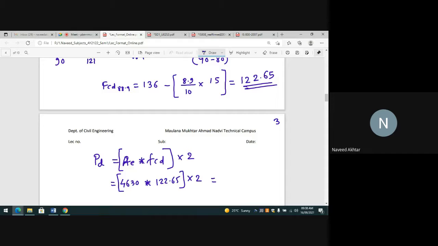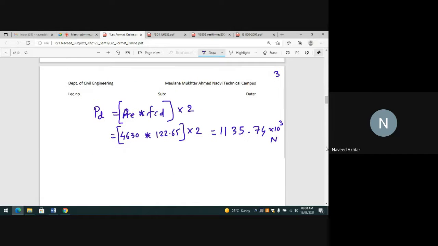So the strength is coming 1135.74 into 10⁻³, only Newton, not per meter, because already we have multiplied area.